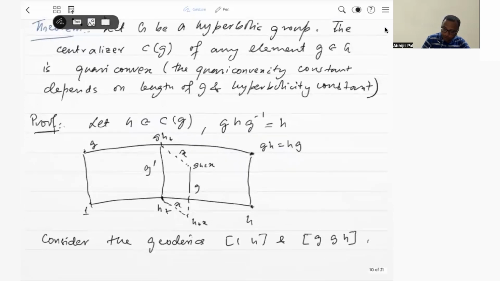And we have the following picture here. First join 1 to h by a geodesic, and join 1 to g by a geodesic, and join h to gh again by a geodesic, and note that gh is equal to hg.